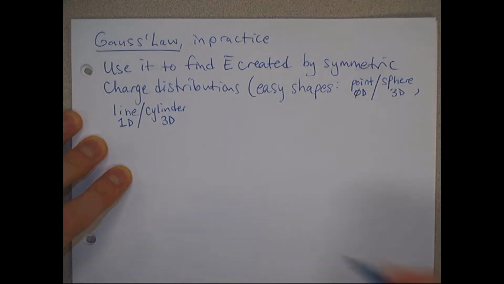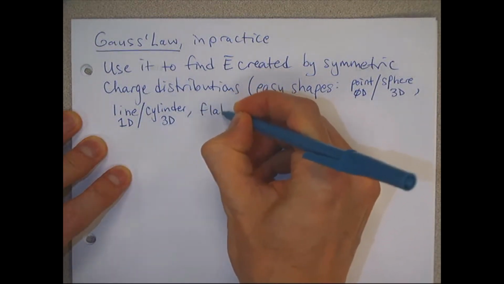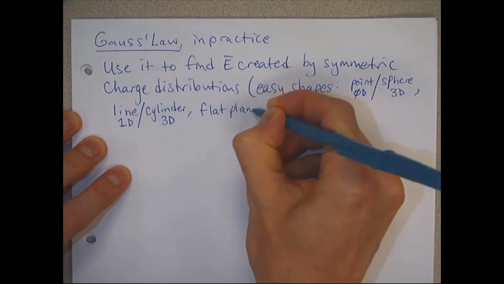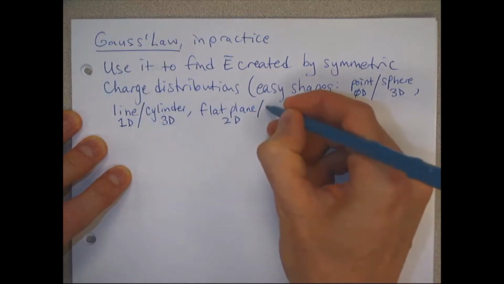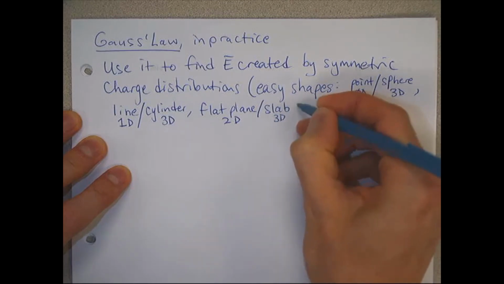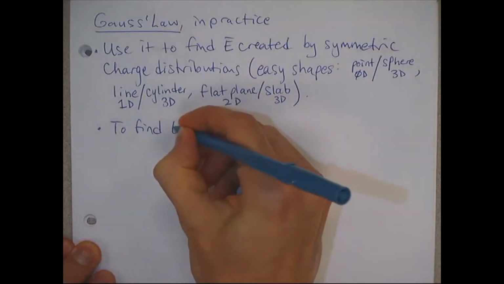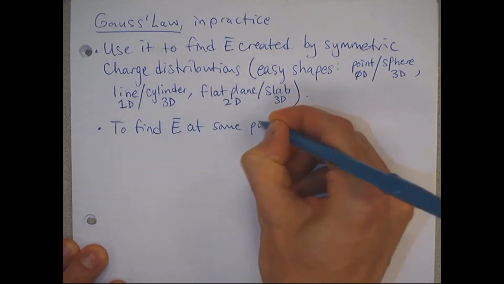The final symmetry that we can use Gauss's law for is a flat plane, being two-dimensional, or a slab being three-dimensional.